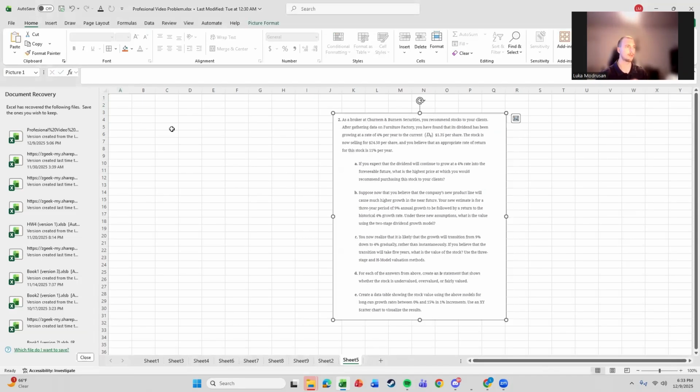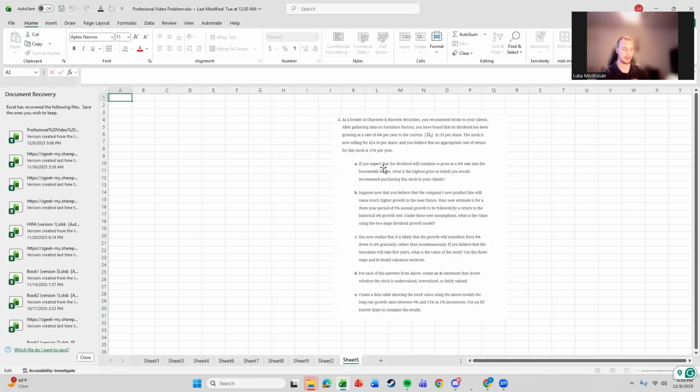So the problem I chose was this one right here, and I'm gonna start up. So Chernum and Burnham stock valuation. All right, current market price. Actually, I want to do dividend.